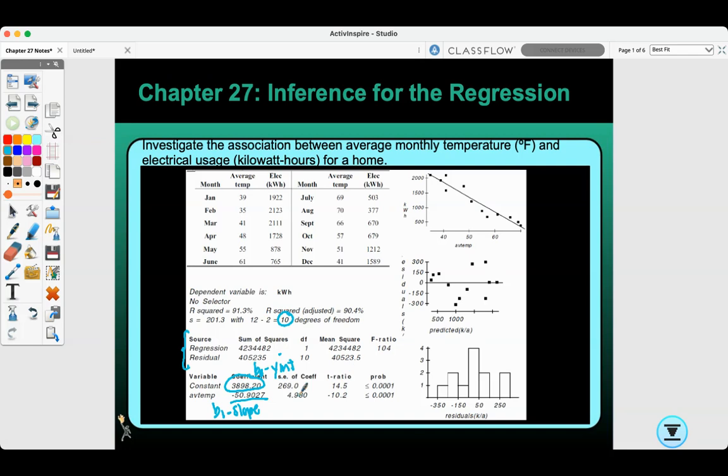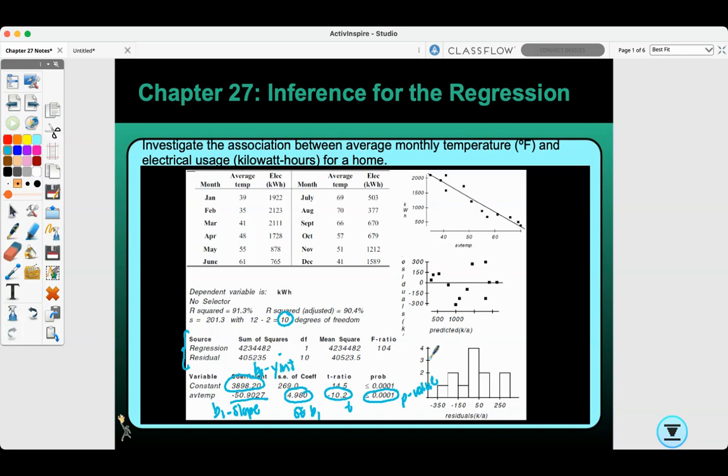And here, 4.980 is your standard error of B1. This negative 10.2 is T. And here is your p-value for the problem.